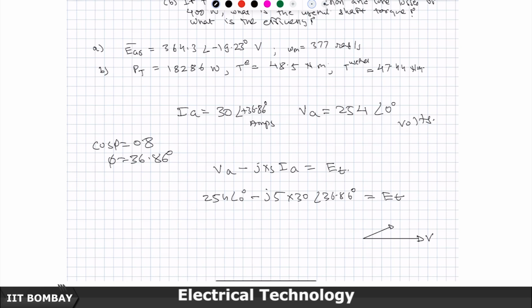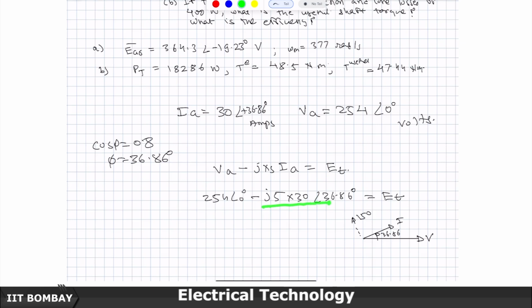Now this angle is 36.86, this is current. So 5 into 30 is 150 and this is positive j 150.